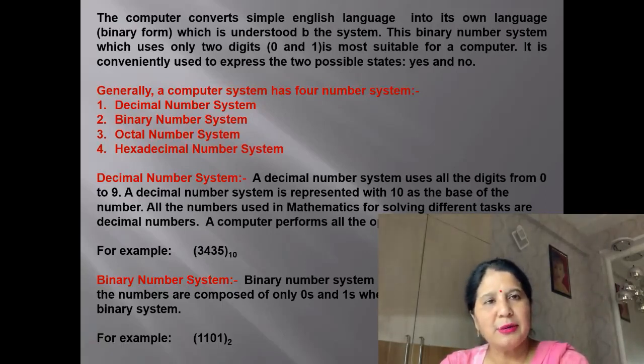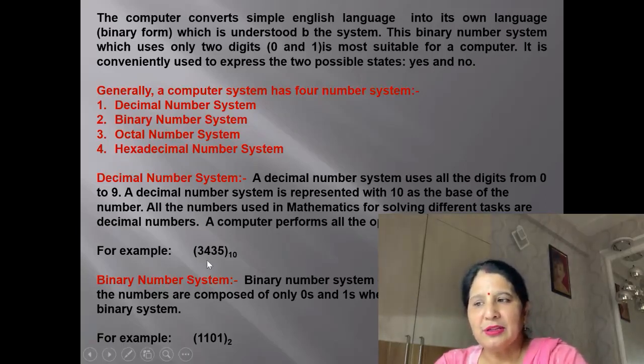The decimal number system base is 10. All the numbers used in mathematics for solving different tasks are decimal numbers. A computer performs all the operations in binary form. I told you binary form means binary numbers, that is 0 and 1.